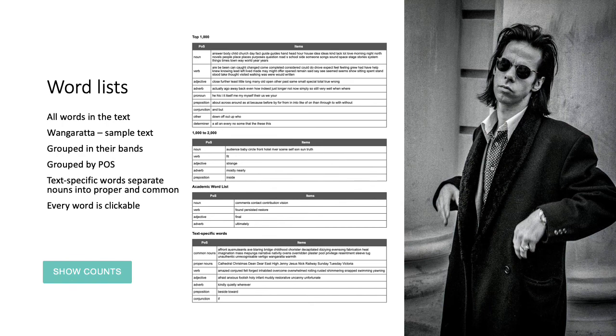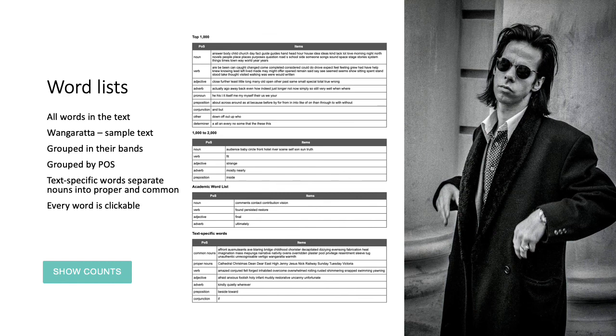These tables contain all of the words in the text. They are grouped into the bands that we saw on the previous slides, and each band is subdivided into parts of speech. The text-specific words have their nouns divided into common nouns and proper nouns.